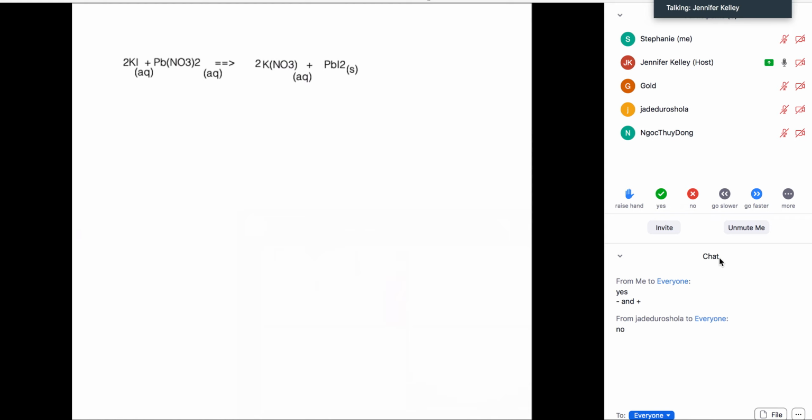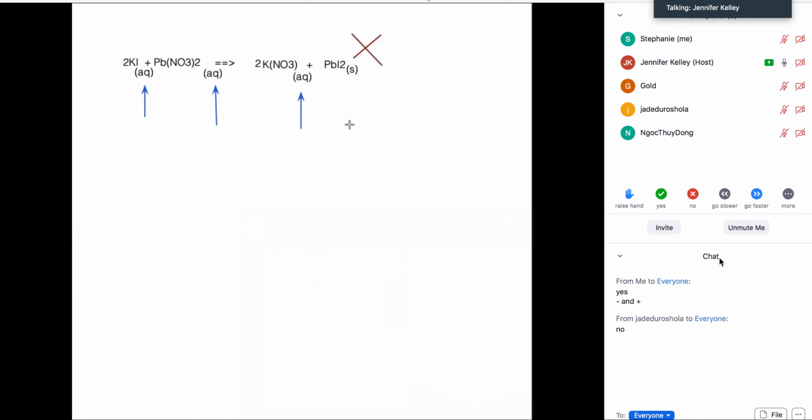So remember, everything with an aqueous symbol gets separated. And everything without an aqueous symbol, like a solid, a liquid, or a gas, would not get separated.